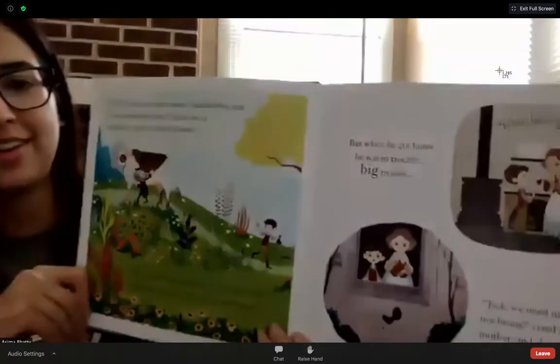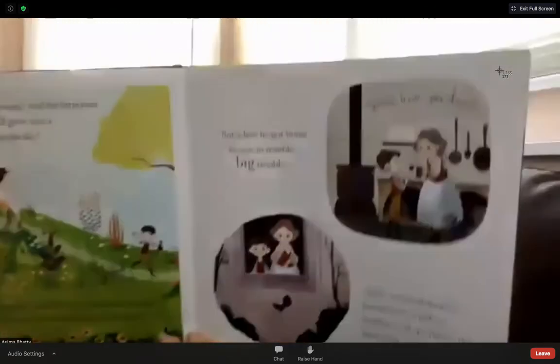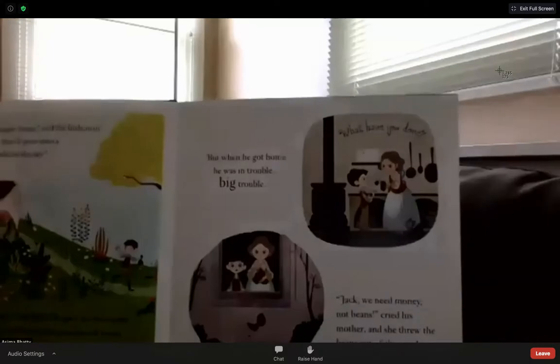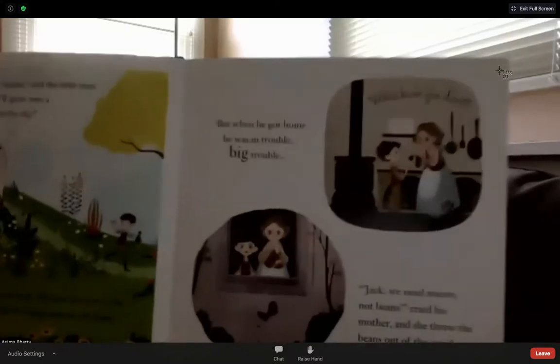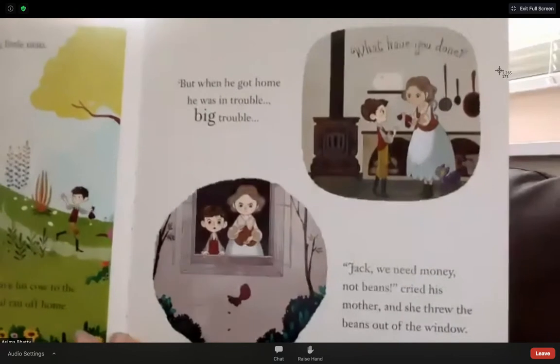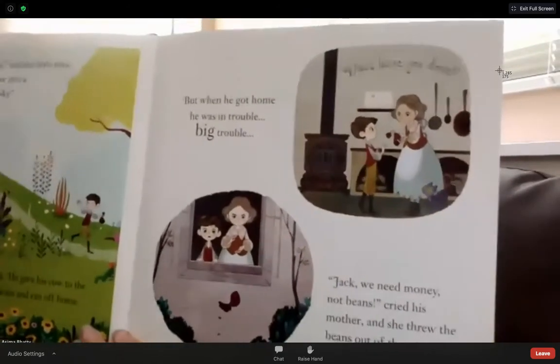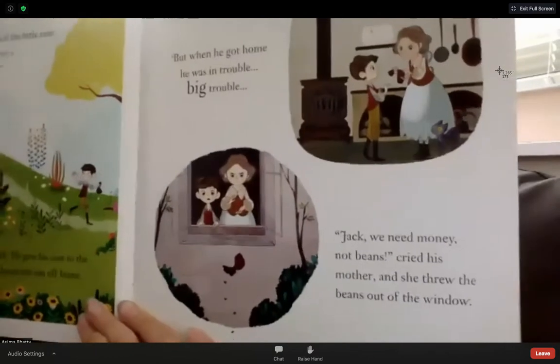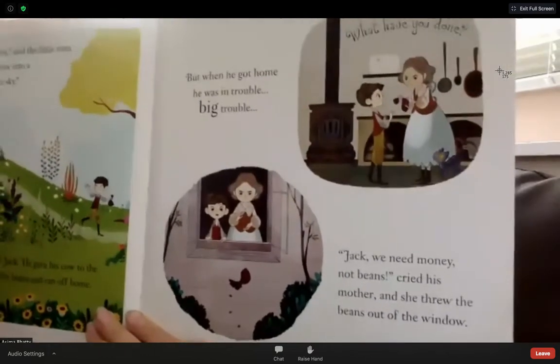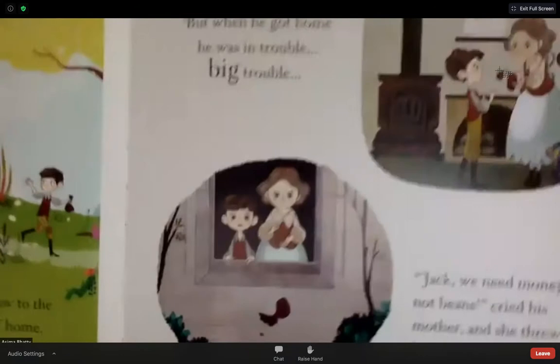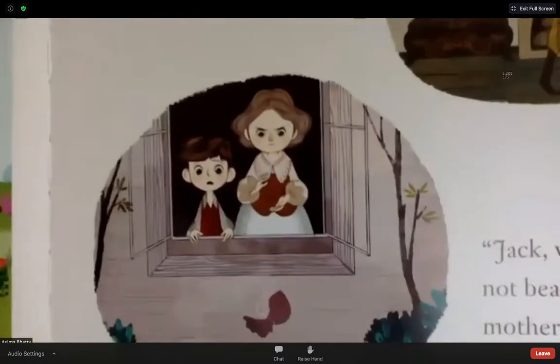All right, now he's home. But when he got home, he was in trouble. Big trouble. Jack, we need money, not beans, cried his mother, and she threw the beans out of the window. Look at her face. Super duper unhappy.